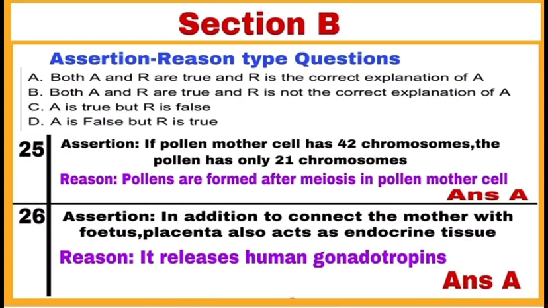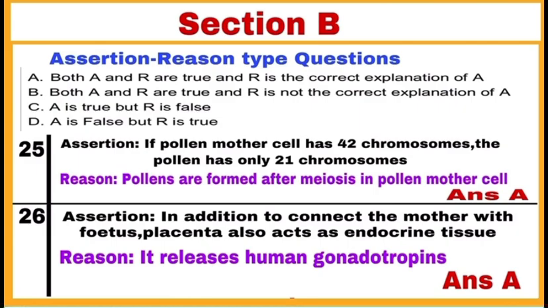Question 26. Assertion statement. In addition to connecting the mother with the fetus, the placenta also acts as an endocrine tissue. This is true. Now, see the reason. It releases human gonadotropins. This is also true and a correct explanation of the assertion. Placenta helps in connecting the fetus with the mother and also acts as an endocrine tissue as it releases human gonadotropins.